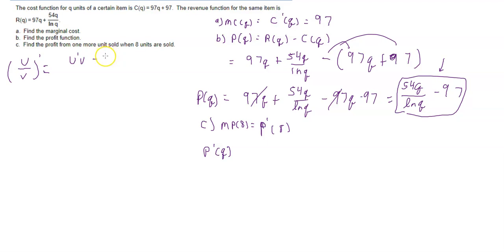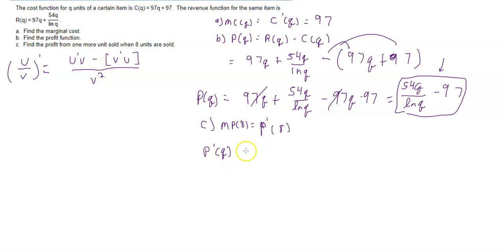And I like to put parentheses or grouping just to be careful. I take the derivative of the bottom times, leave the top alone, all divided by the denominator squared, right? So that is our quotient rule.